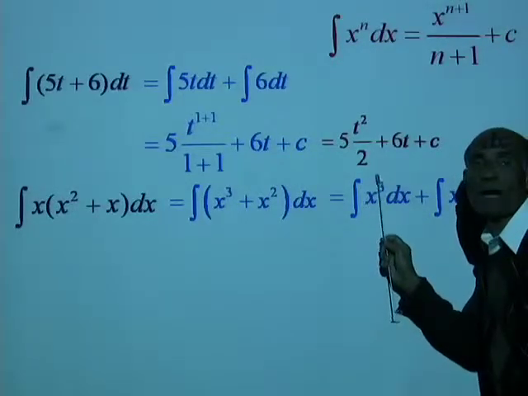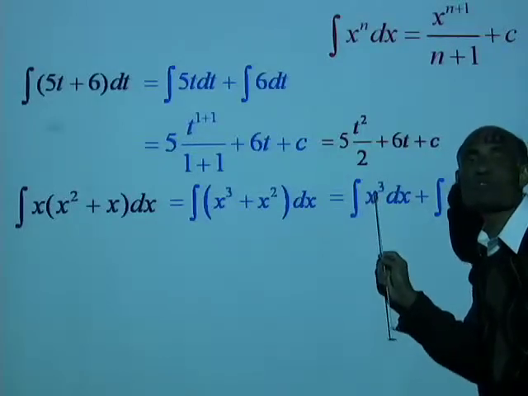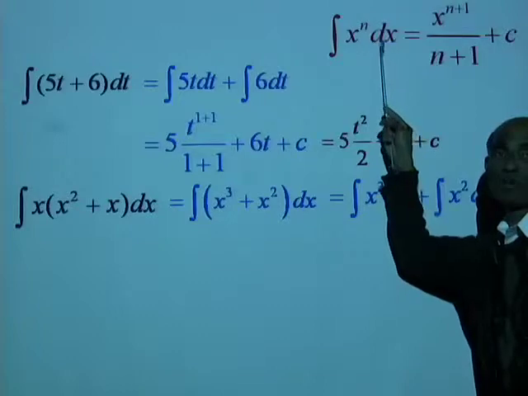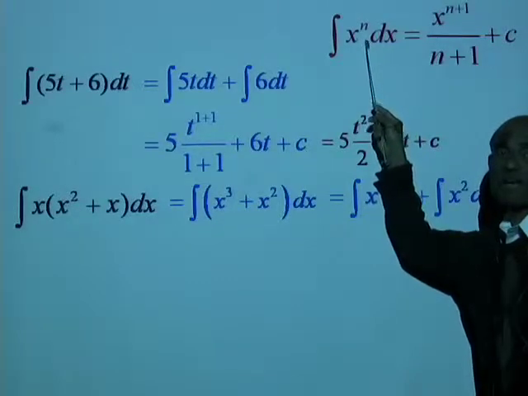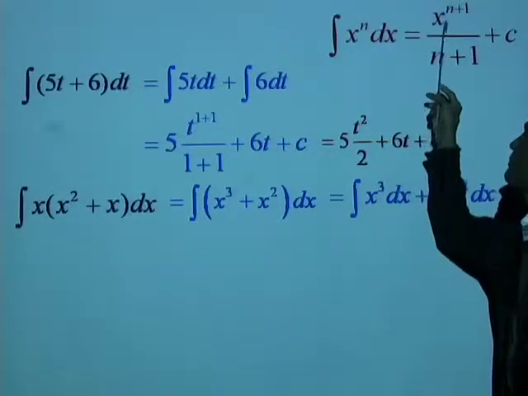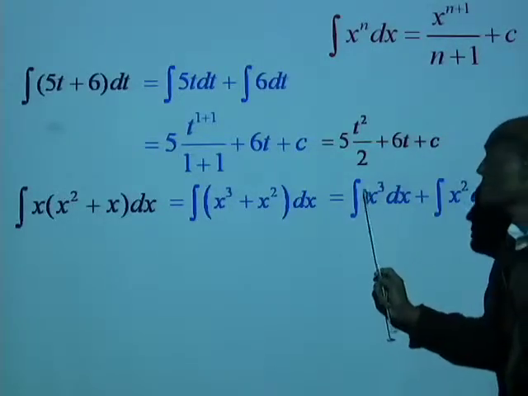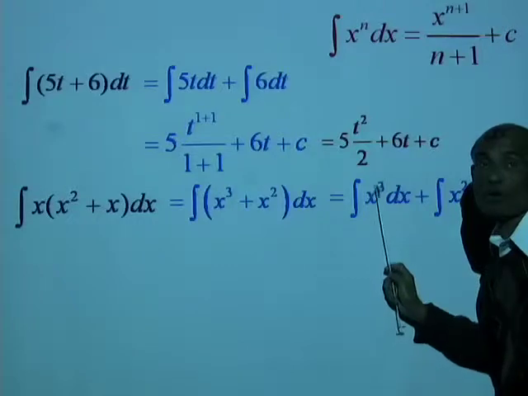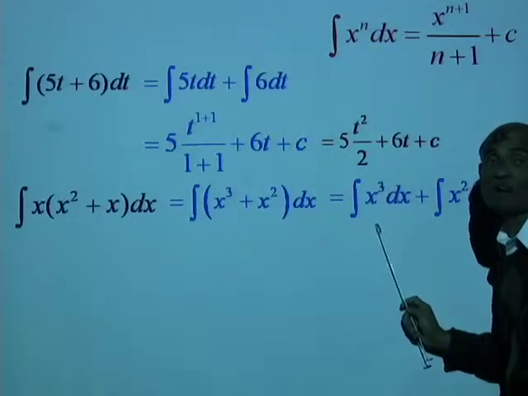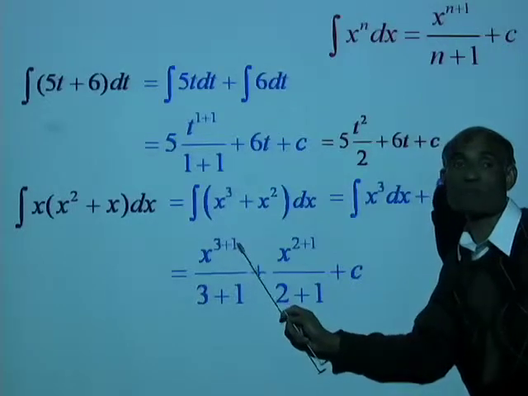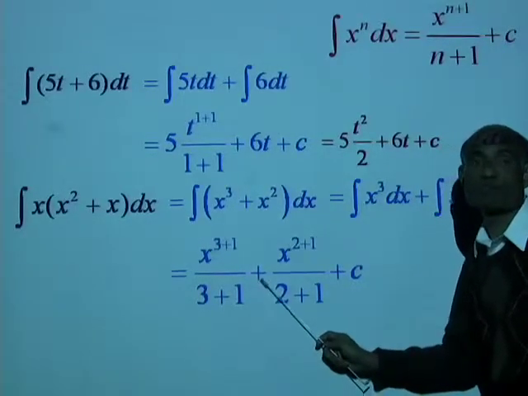Can you do this in your mind? Integral x cubed dx. Look at the power rule. Integral x to the power of n dx is x to the power of n plus 1 over n plus 1 plus c. So this will be x to the power of 3 plus 1 over 3 plus 1.